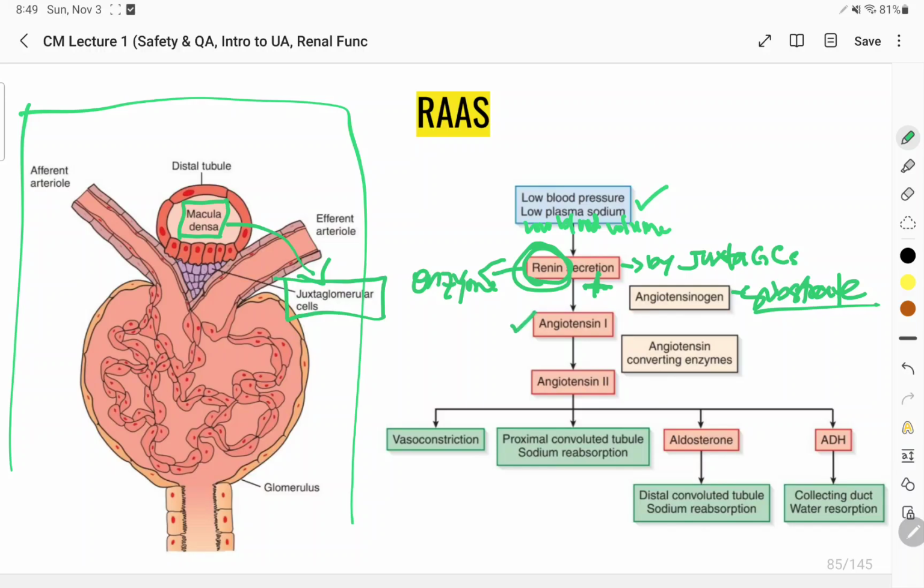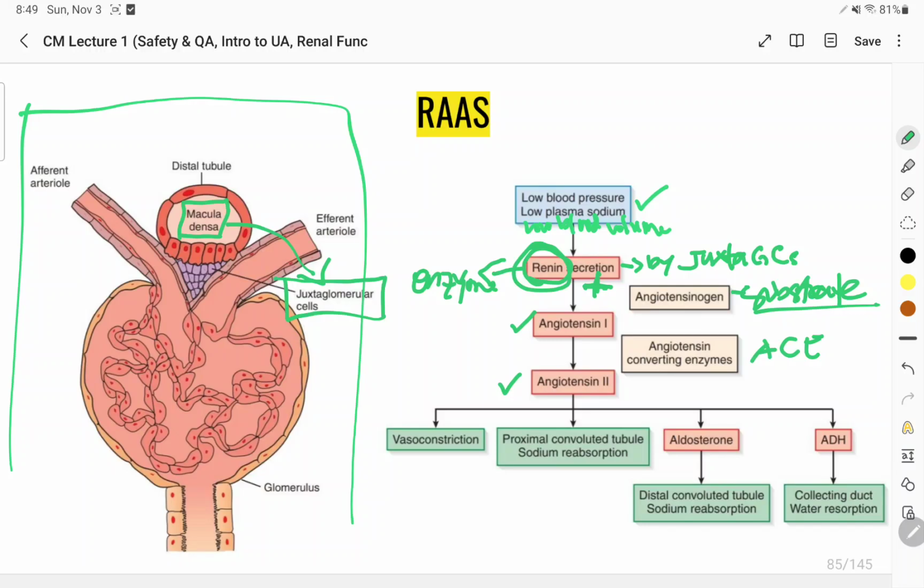Then your angiotensin 1 reacts with your ACE, your angiotensin-converting enzyme, so that angiotensin 1 will be converted to angiotensin 2, which is the active form.